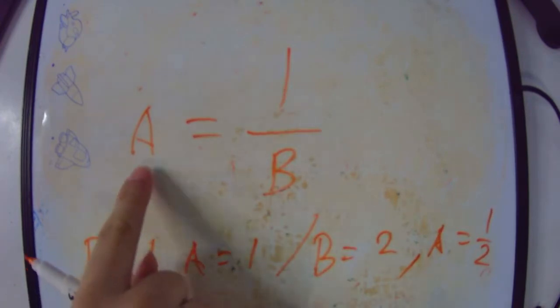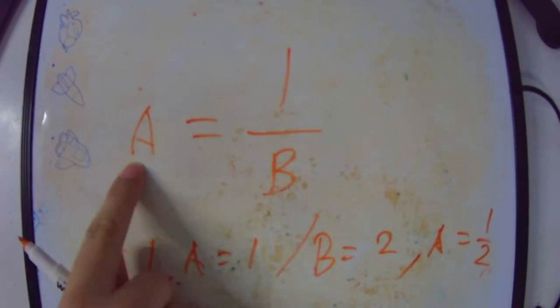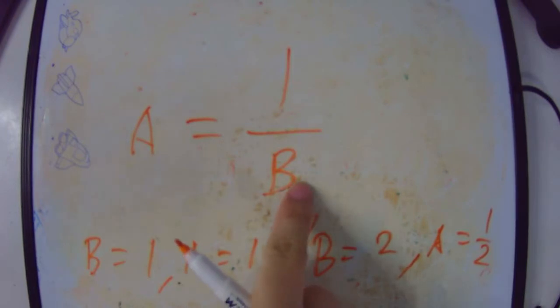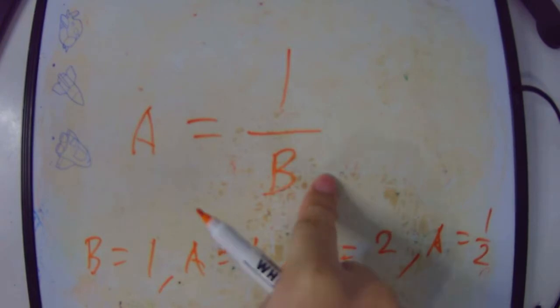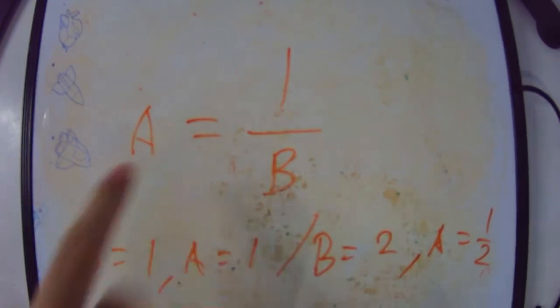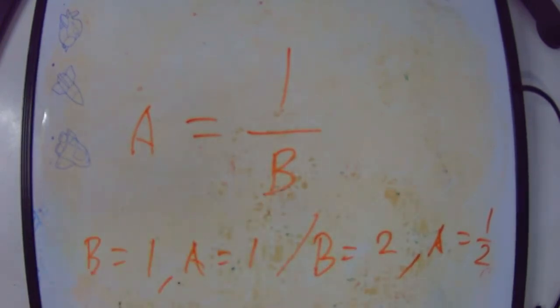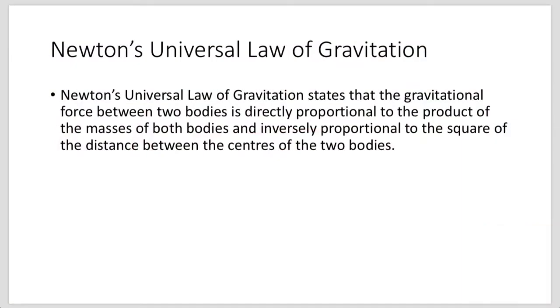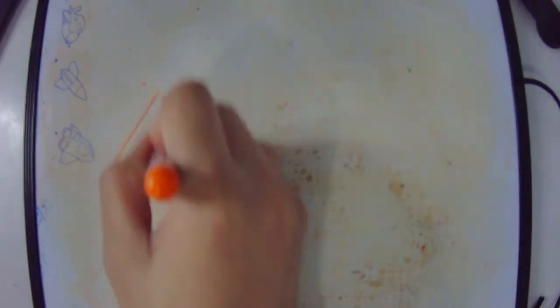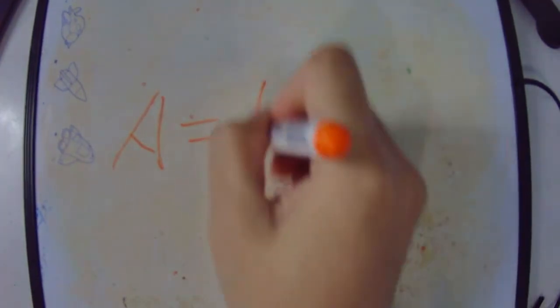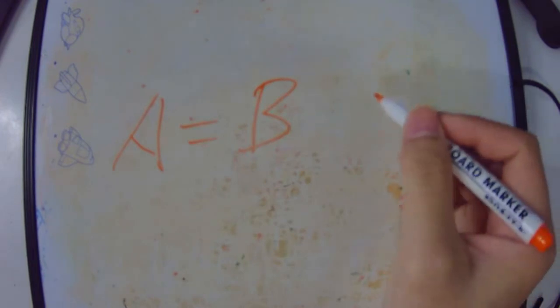The larger A is, the smaller B is. The bigger B is, the smaller A is. That's inversely proportional. The opposite of inversely proportional is directly proportional. So directly proportional is something like A equals BC.